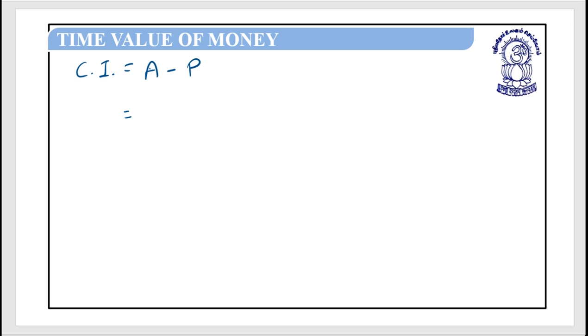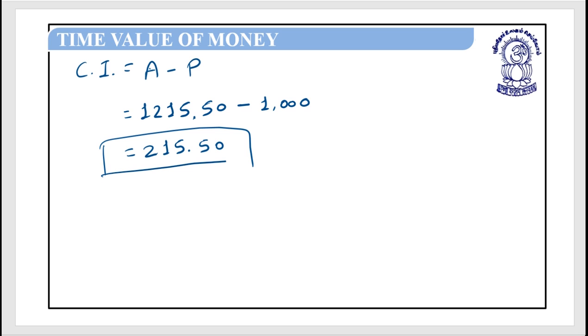So amount is 1215.50 minus P is given already, 1000, so the answer is 215.50.